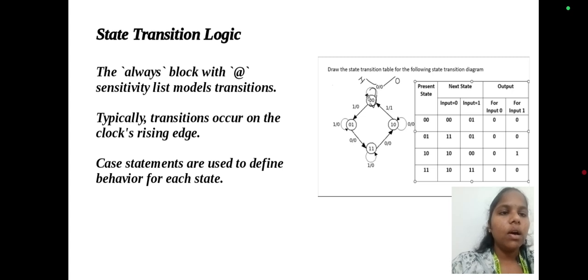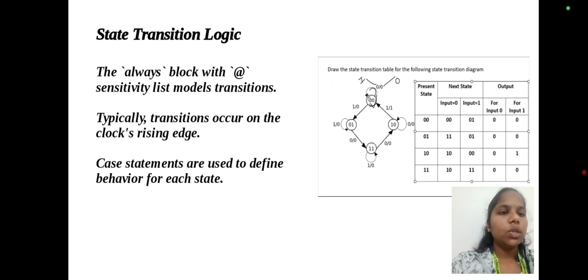Present state, next state for input 0 and input 1, output for input 0 and input 1. Present state 0 0: next state 0 0 for input 0, 0 1 for input 1, output 0 0.